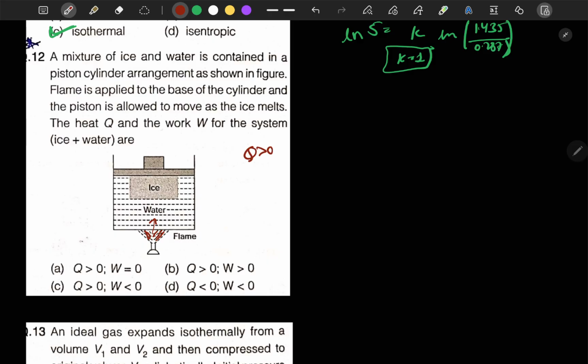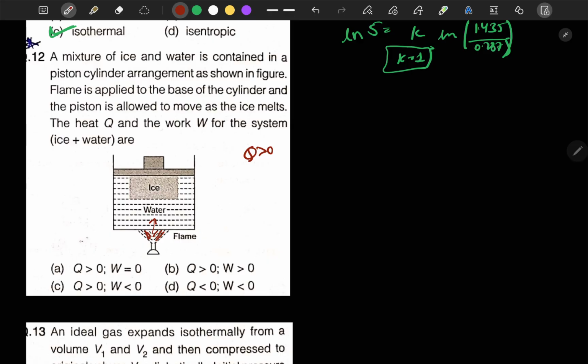Now if we talk about the work, when the ice melts, you should know that the density of ice is less than the density of water. So for the same mass, the volume of ice is more than that of the water.